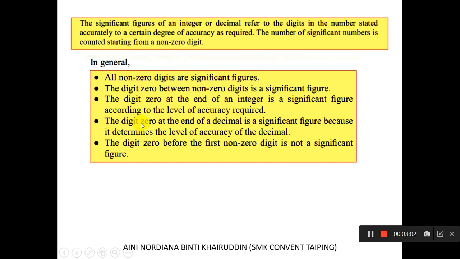Next, the digit 0 at the end of a decimal is a significant figure because it determines the level of accuracy of the decimal. The last one, the digit 0 before the first non-zero digit is not a significant figure. Okay. If you don't understand this, don't worry. After this, I will explain more by looking at some examples.